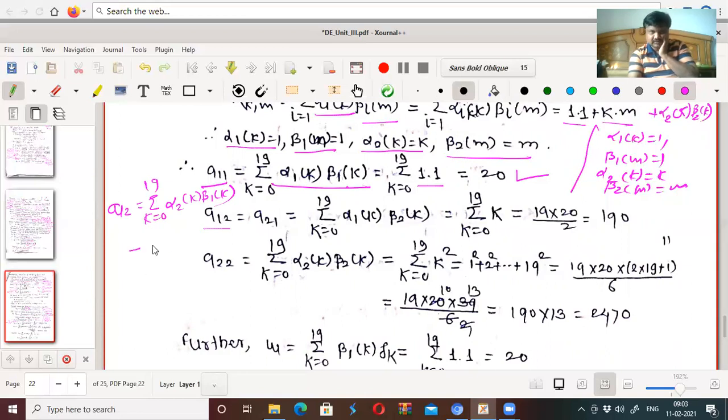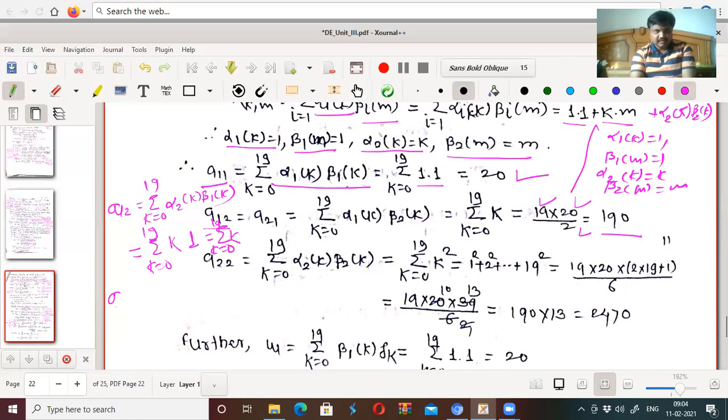What is alpha 2k? Alpha 2k is k and beta 1k is 1. So this is only the summation from k equal to 0 to 19 of k. And we know that this is the addition from 1 to 19, which gives n into n plus 1 divided by 2, that is 19 into 19 plus 1 divided by 2. So you will get this as 190.